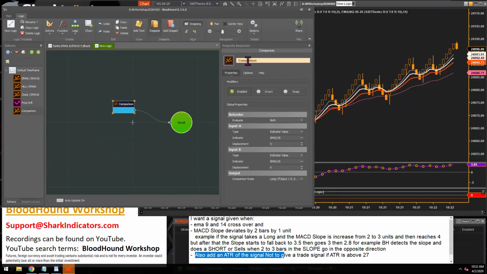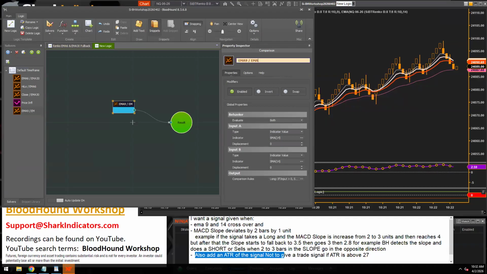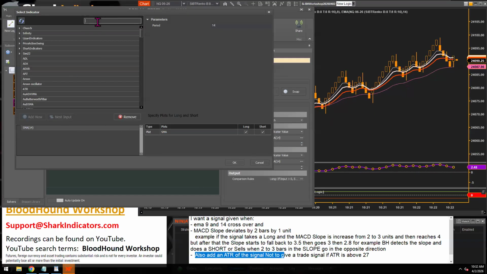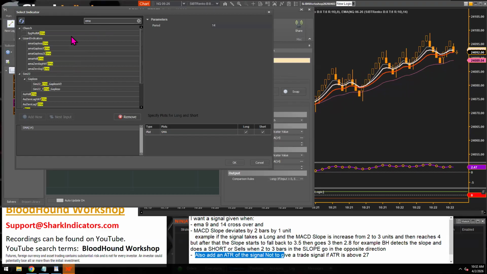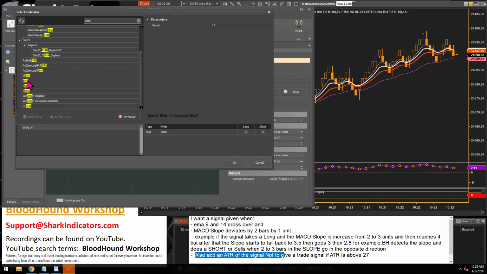Let's connect that in. All right, let's give it a name. So we're comparing the EMA 9 to the EMA 14. All right, so let's plug in our EMAs. And this is why I don't use EMA as a search term, because there's so many indicators with the EMA.